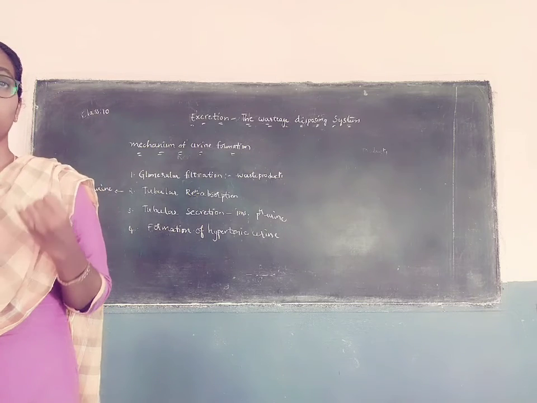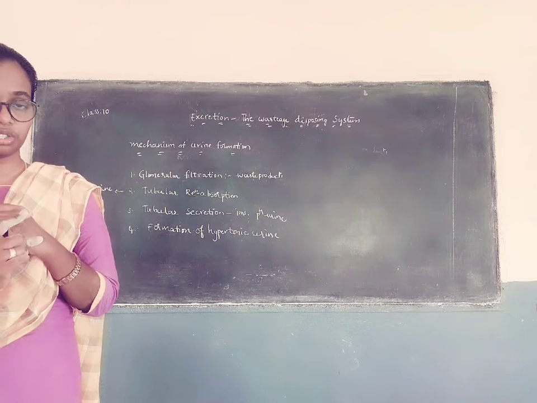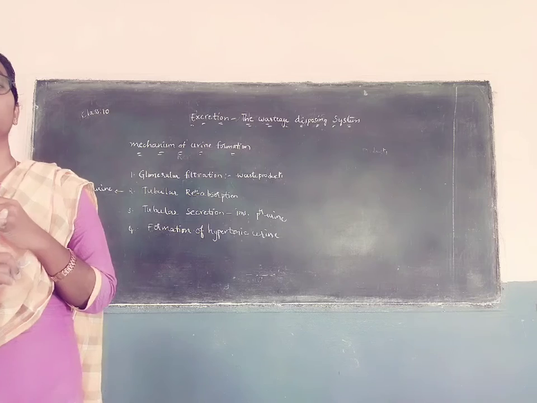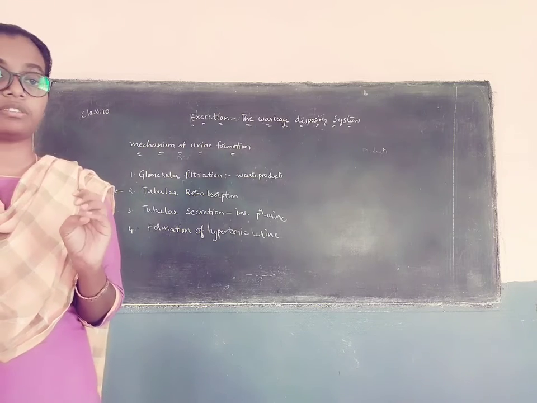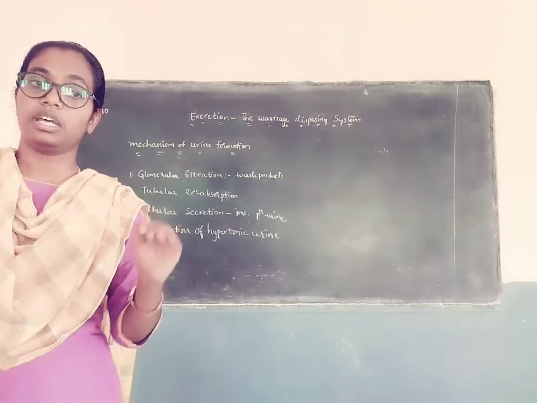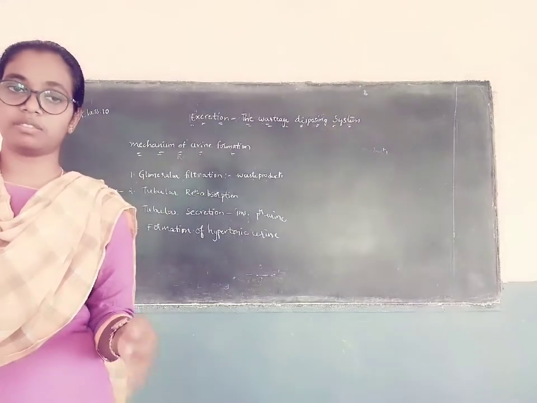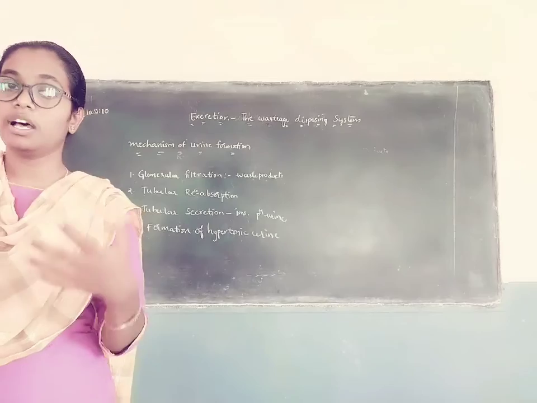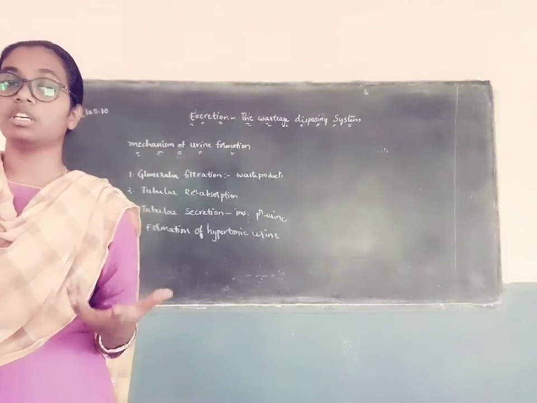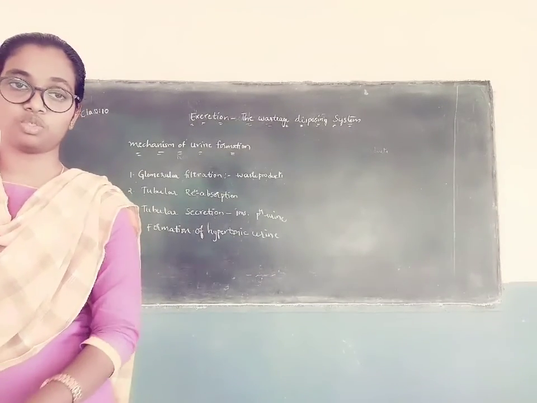That means here we get diluted urine. So in diluted urine this vasopressin hormone is absent, and because of the absence of the vasopressin, it causes diabetes insipidus.